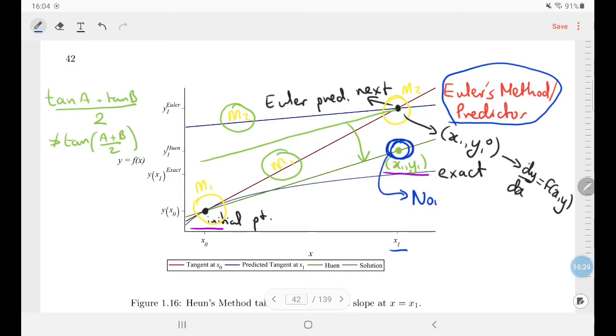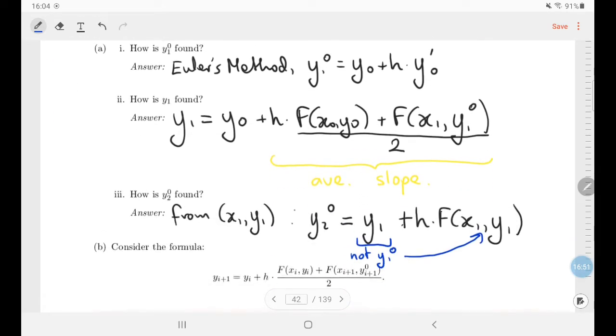Why would we use the Euler predictor now? We've got a better idea of the values. You wouldn't jump off the Euler predictor. Forget about that now, you've used it. Now you're here, this is the Heun approximation, and you're going to jump off here. That's why this is y1, not the y1 predictor.